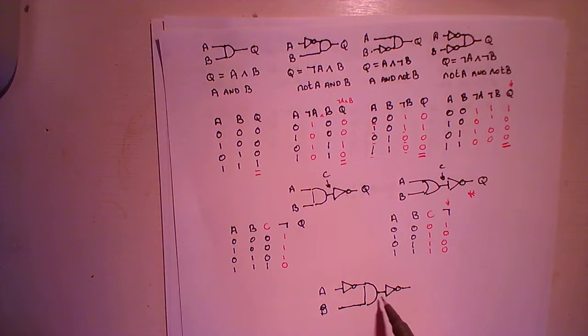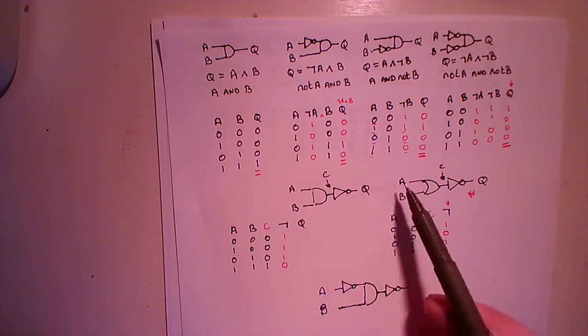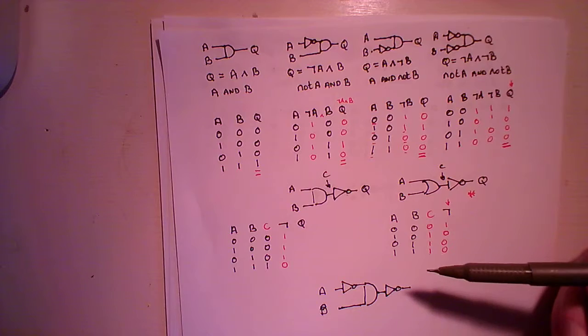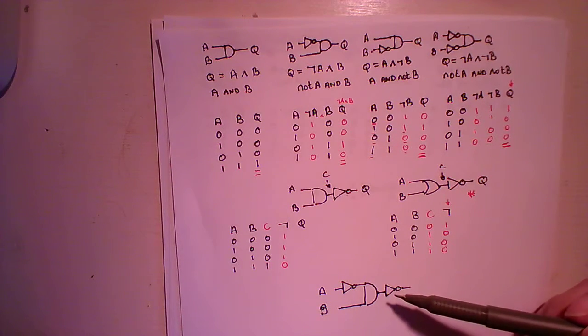So actually we've got 3 gates. I can't see them doing this. I can see them doing this because we've got 2 gates and 2 inputs. The important part there is the 2. This one's got 2 inputs but 3 gates.